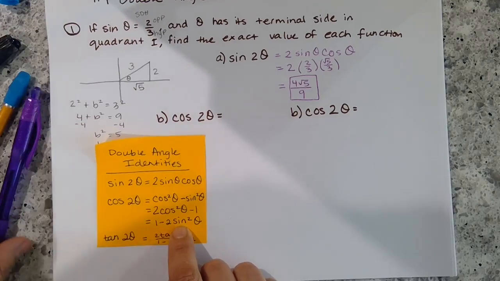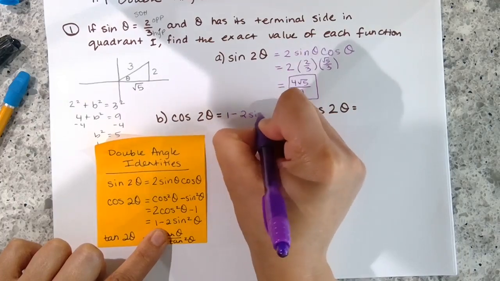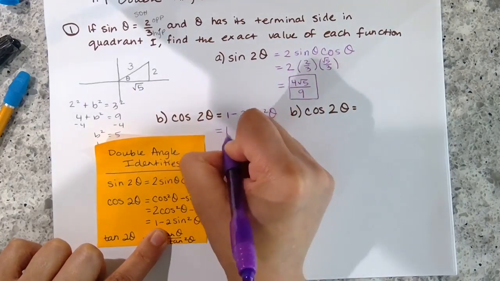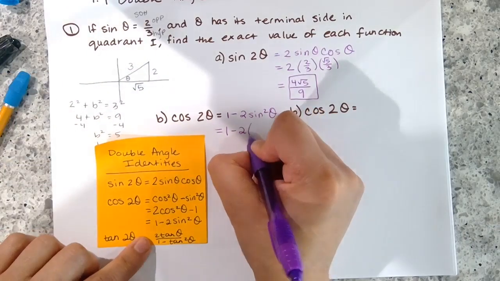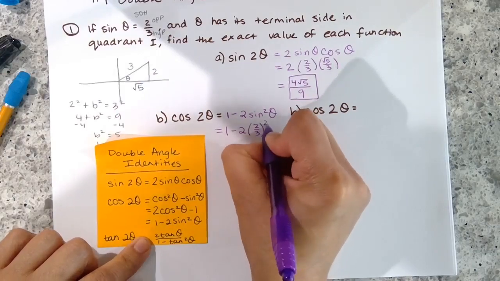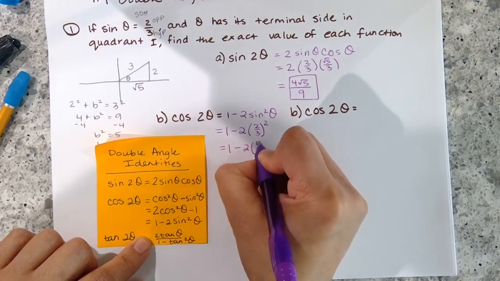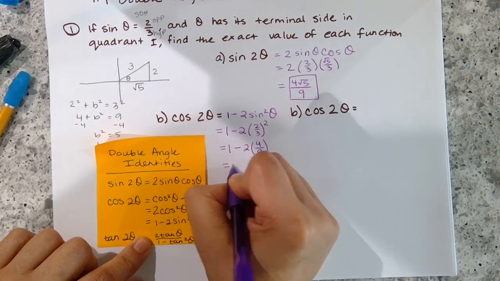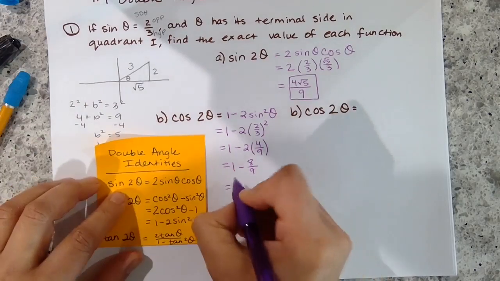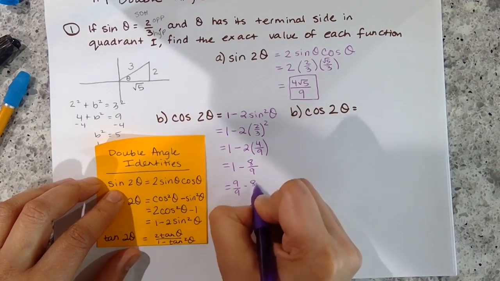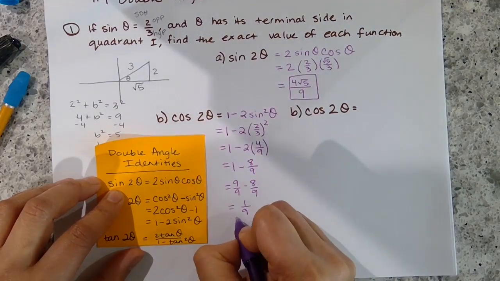So cosine of 2 theta is equal to 1 minus 2 sine squared theta. Sine of theta I know is 2/3, and square it. So 1 minus 2, 2/3 squared is 4/9. 2 times 4 is 8/9. So 1 minus 8/9, or 9/9 minus 8/9 is 1/9. So cosine 2 theta equals 1/9.